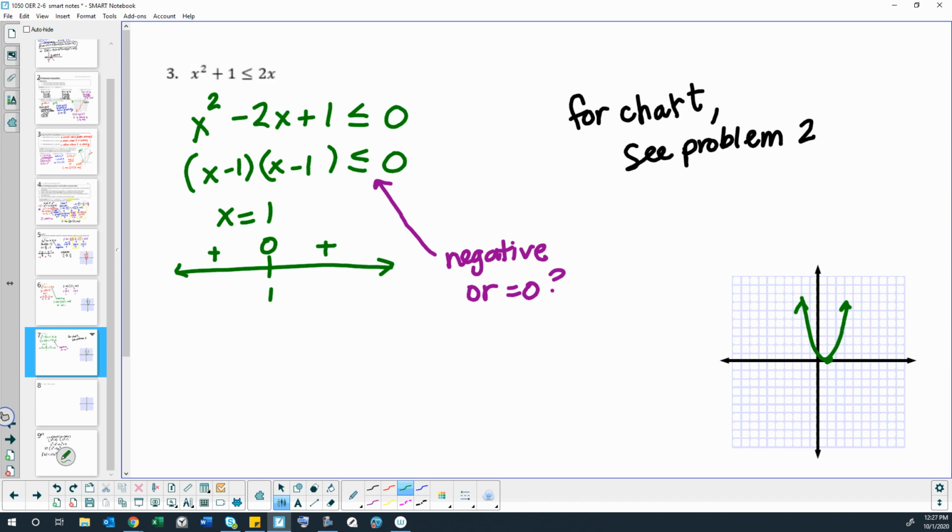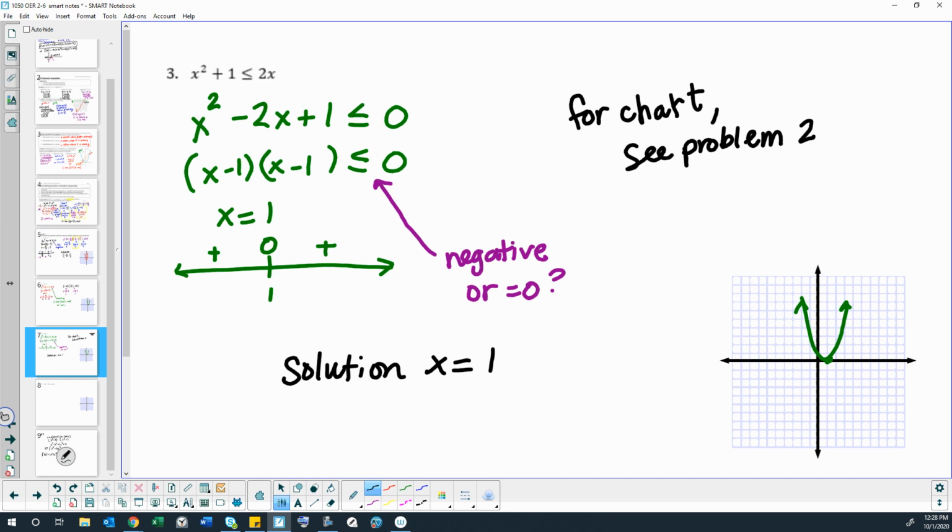Is it ever below 0? Never below 0, so there's nothing less than. There's only equal to 0. So this one, the answer or solution would simply be x equals 1, because that's the only thing that satisfies the inequality.